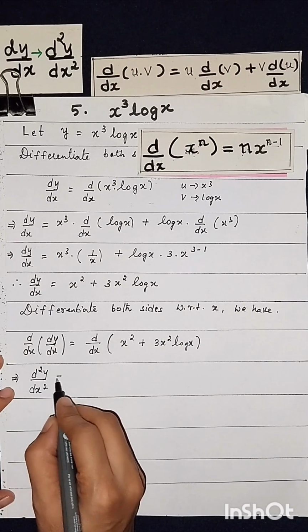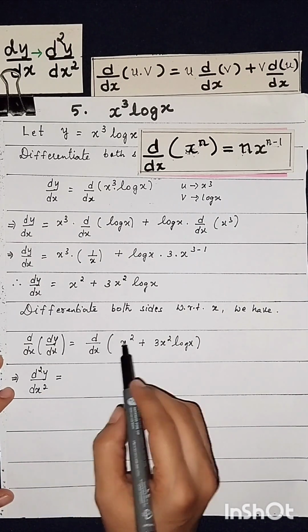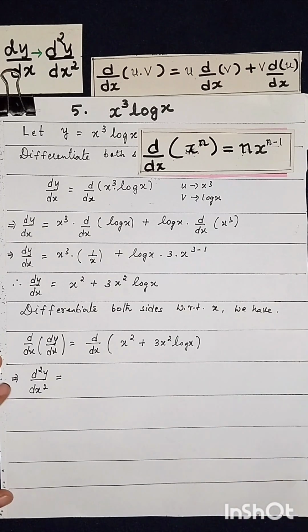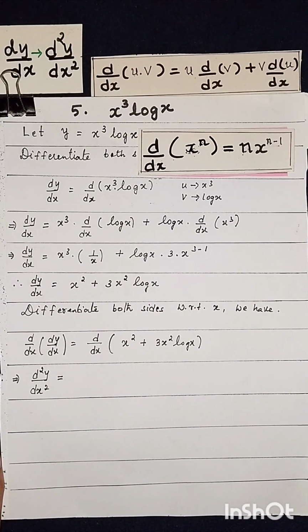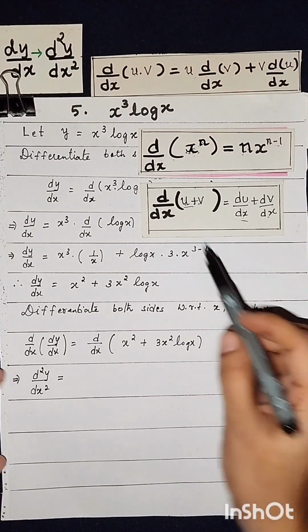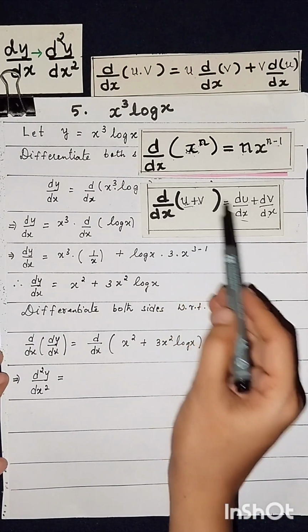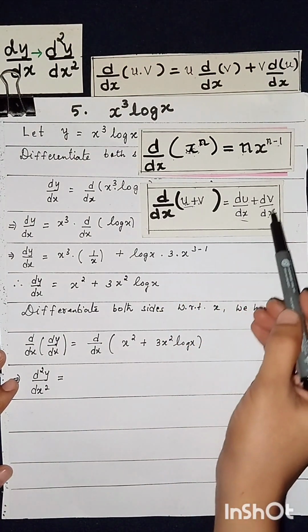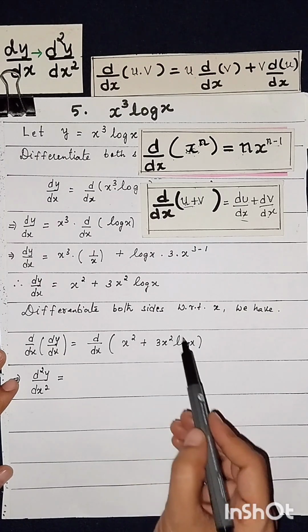Now this is equal to, so derivative of function plus function, so which rule we have to apply? We will apply u plus v rule, right? Derivative of function plus function. So we will apply this. This is u and this is v.